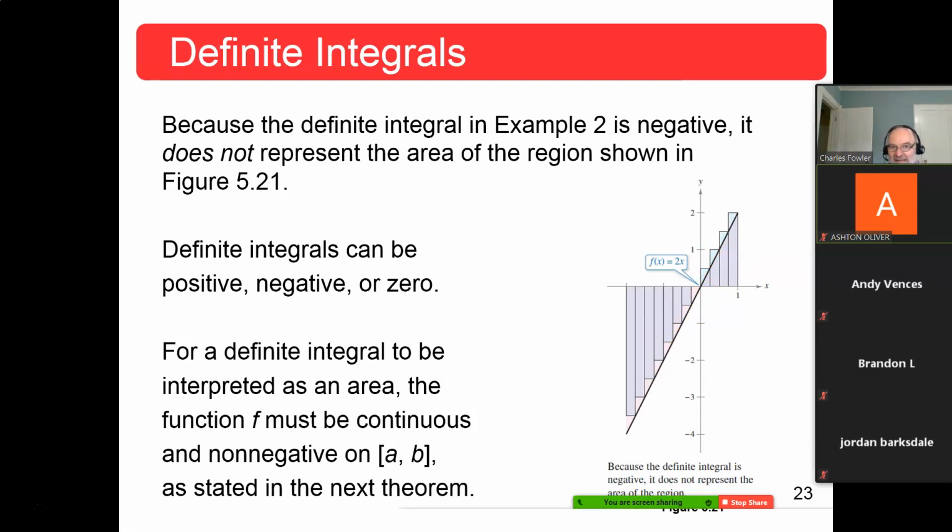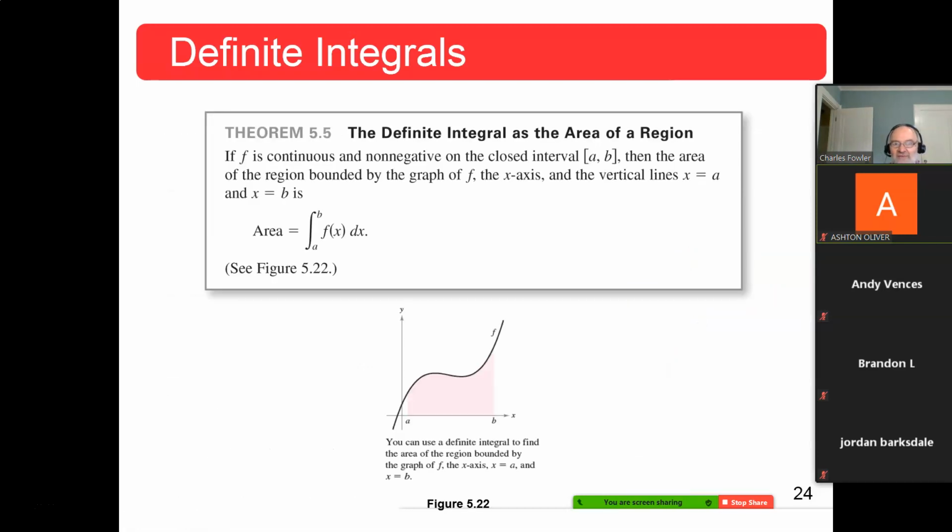Okay? Negative because more of it's below the x-axis. So here's your theorem 5.5, the definite integral as an area of a region. If f is continuous, that has to be non-negative, on a closed interval a to b, then the area of the region bounded by the graph of f, the x-axis, and the vertical lines x equal a and x equal b.